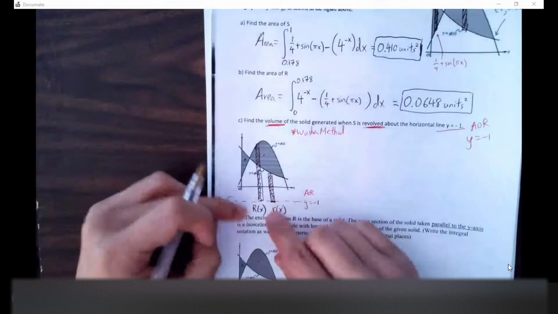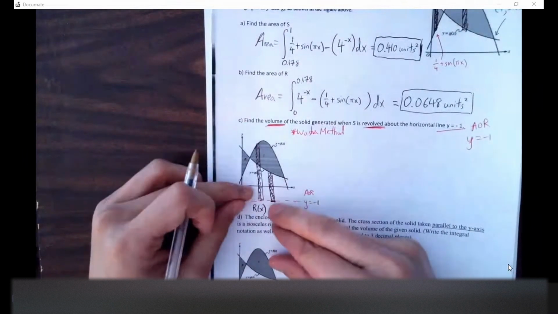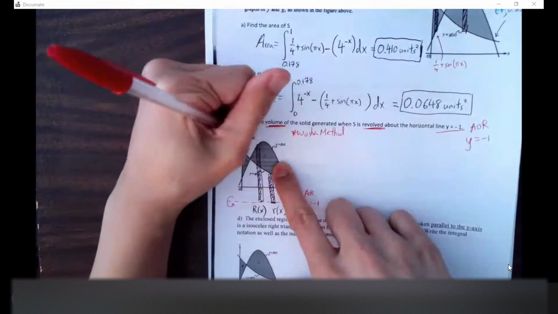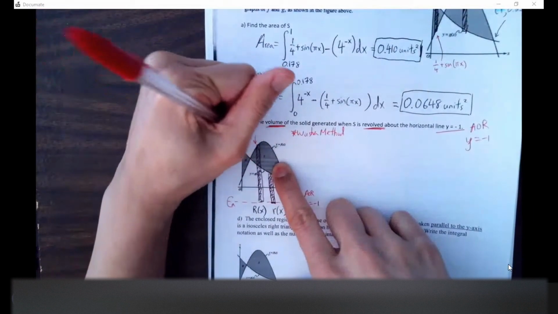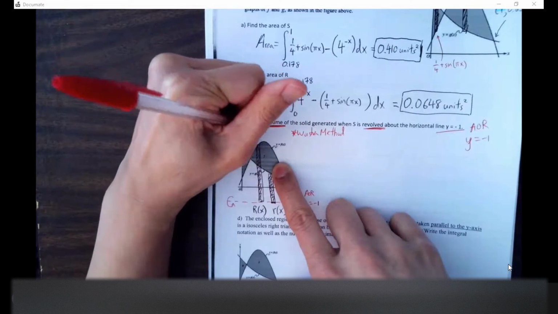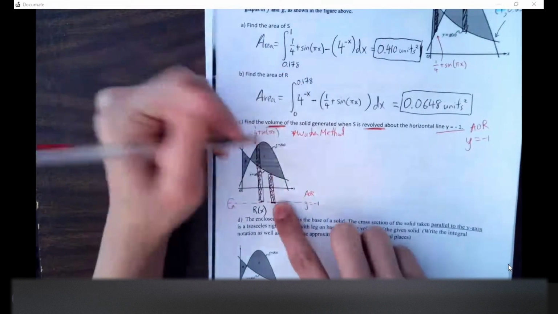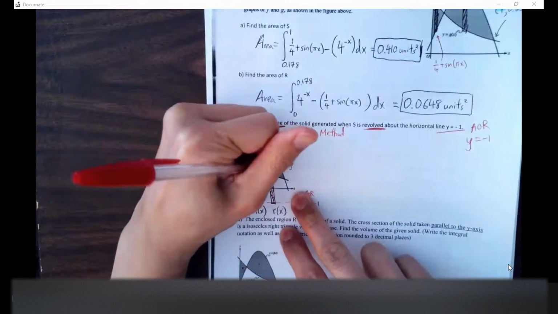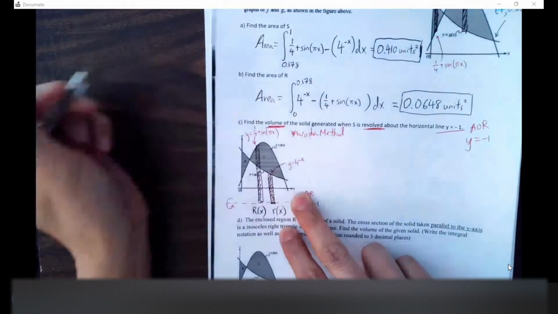All right, let's see. Everything is ready for us to use. This is top minus bottom. No need to adjust any of our equations. So we have this one here is y equals 4 to the negative x.